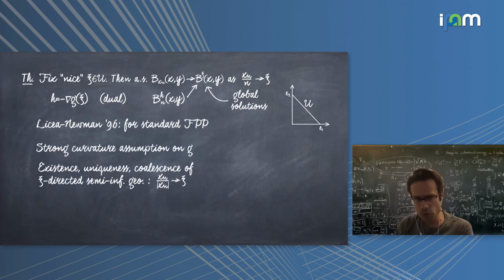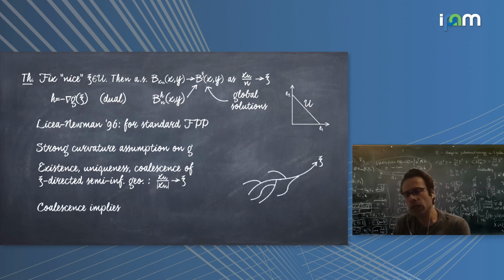So you prove that for every direction that you choose, there exists a semi-infinite geodesic out of every point, such that if xn slides along the geodesic, xn will go in direction c. And those geodesics are unique. And if you look at the various geodesics out of the various points, then they all coalesce in the sense that they all merge together.